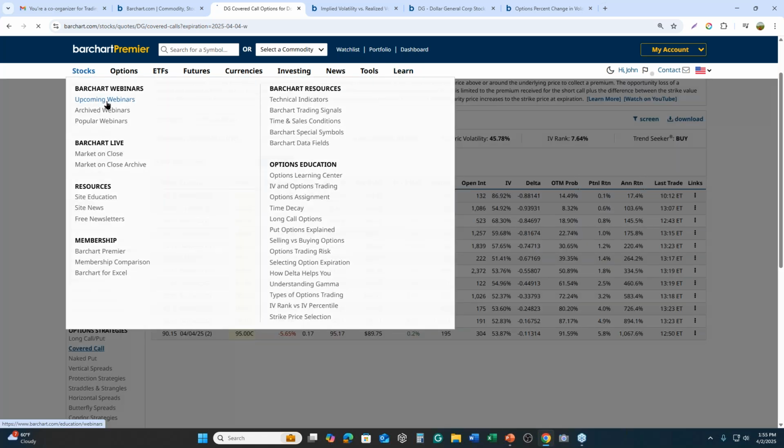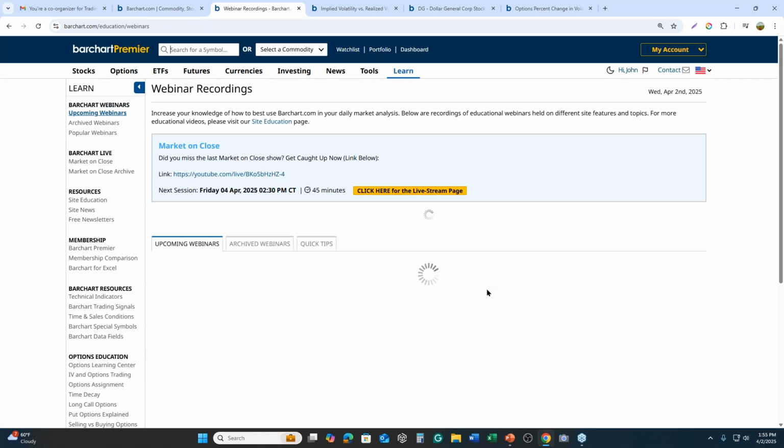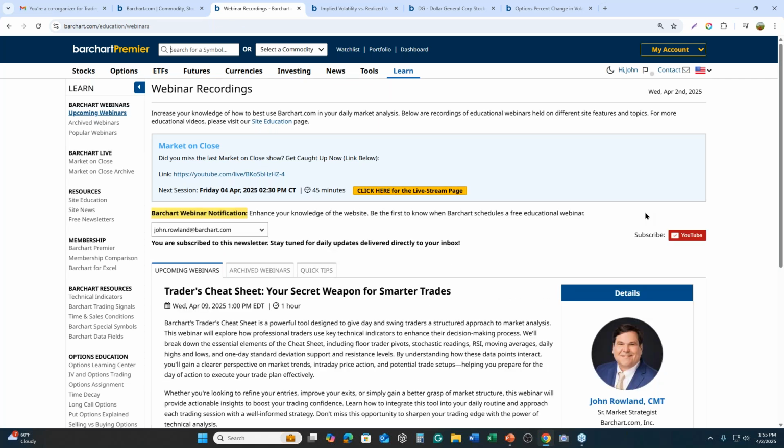So next week, let's see what we have coming up. Next week, we're going to look at the trader's cheat sheet, something that we have as one of our proprietary tools on our website. Now, a lot of folks will think about trader's cheat sheet as a day trader's tool, and it is. But I want you to think about it that at some point, you will be a day trader.